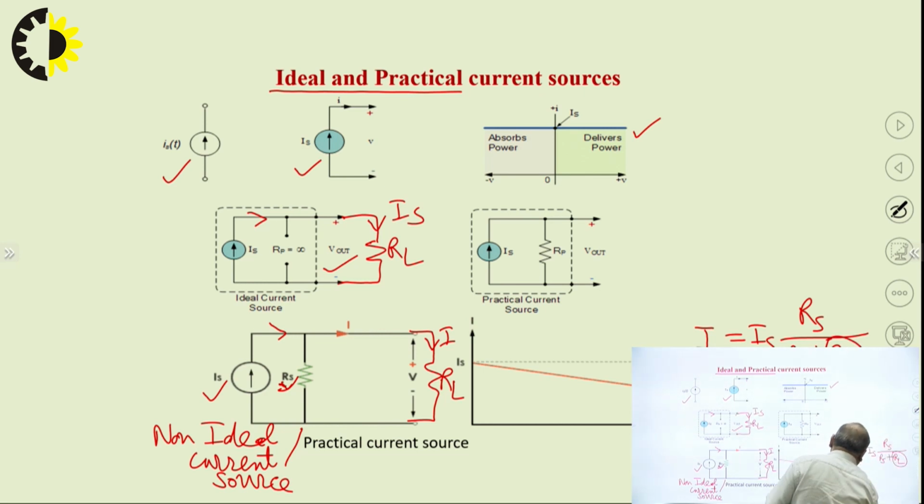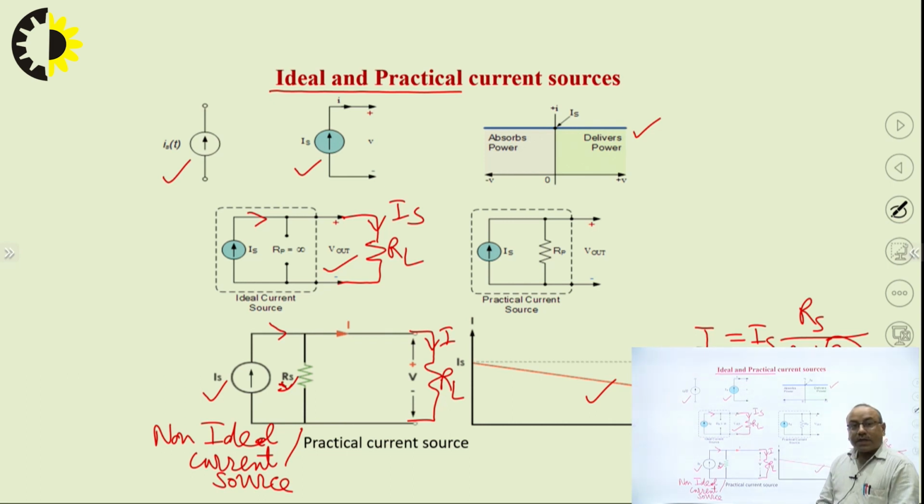Mathematically, with increase in RL, the current in the load resistance decreases, and this is the characteristic for a practical or non-ideal current source. That way we represent ideal and non-ideal current sources.